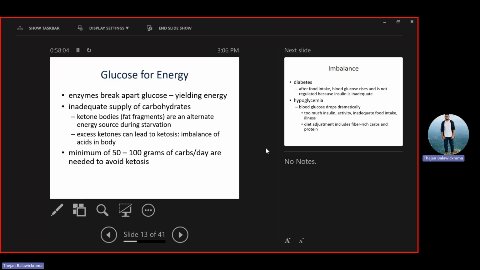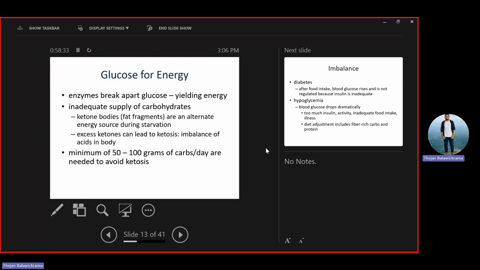In that case, we don't have glucose, which means we don't have aldose. Right. Then what is happening? We still need energy, and that energy has to be taken from fat, from lipids.